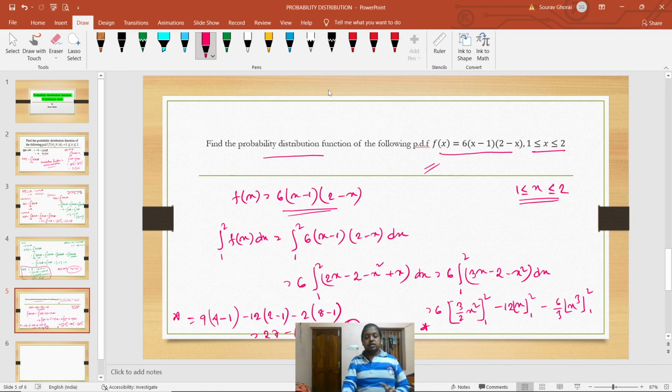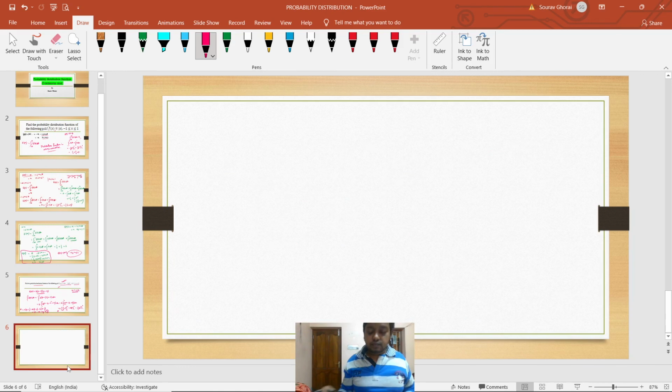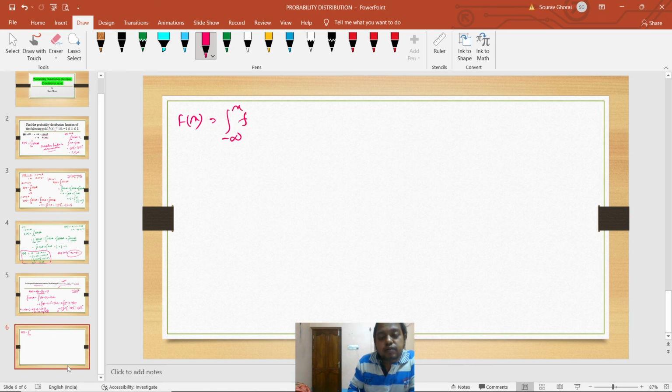So now we are able to find the probability distribution function of this function f of x equal to 6 into x minus 1 into 2 minus x. So how can we find it? We know the definition of the probability distribution function: the integral from minus infinity to x of f of t dt, and here the region is defined over 1 less than or equal to x less than or equal to 2.